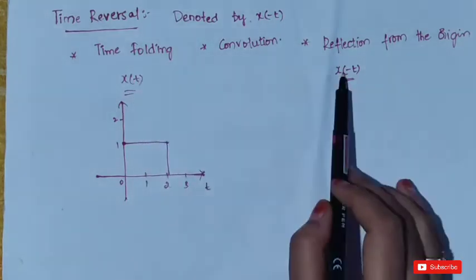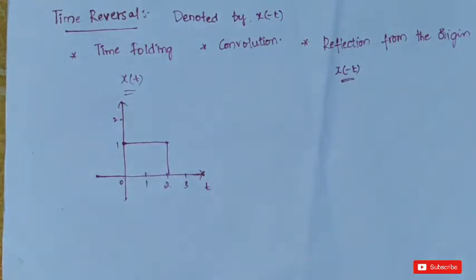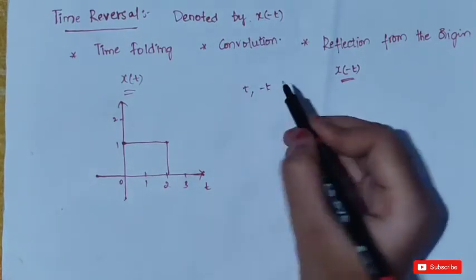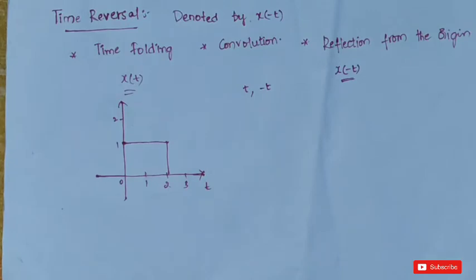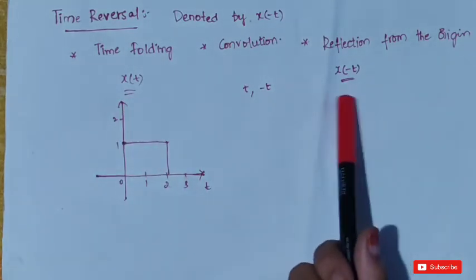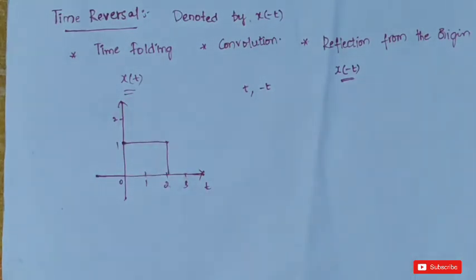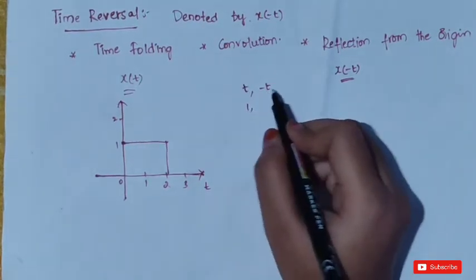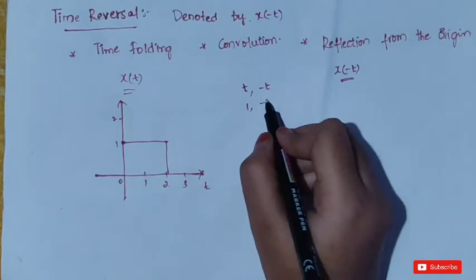If you observe these two, x of t and x of minus t, what is the difference that you can find? Here it is t, and in this case it is replaced with minus t. So if the t value is 1, what is the minus t value? Minus 1.